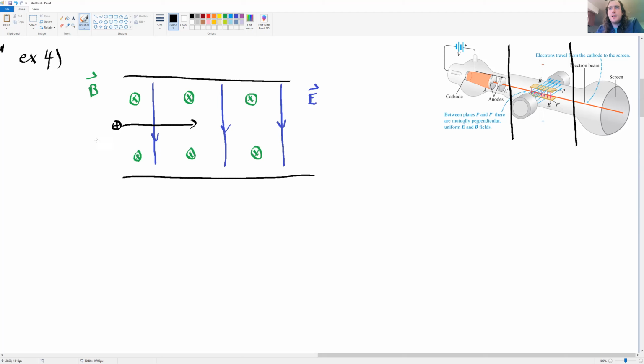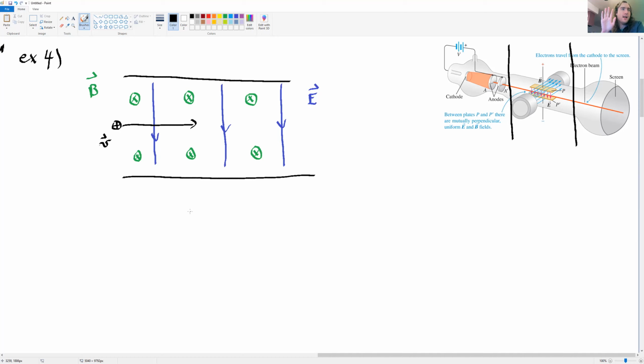Now, if this guy comes in with a velocity v, which is perpendicular to the magnetic field, we're going to have a magnetic force, right? Well, this guy's a charged particle in an electric field, so there's going to be an electric force as well. So get your right hands up.